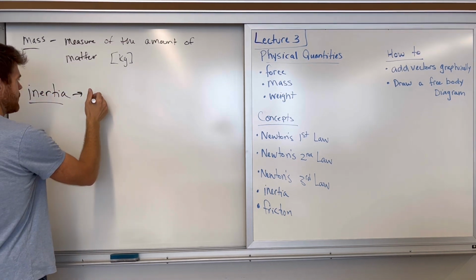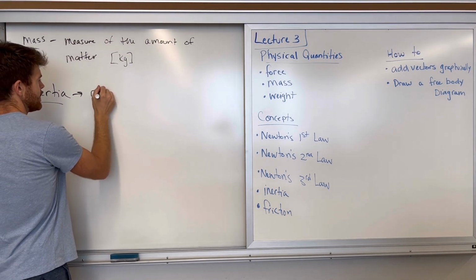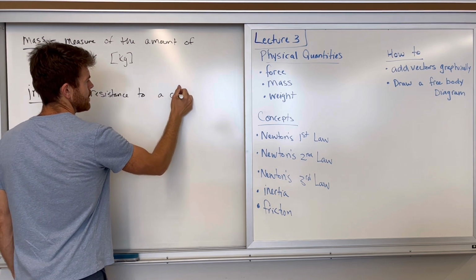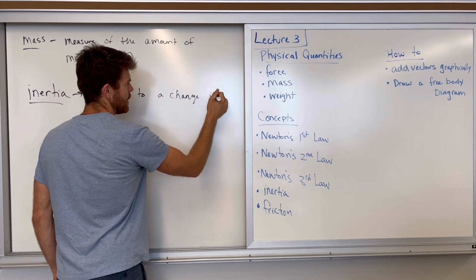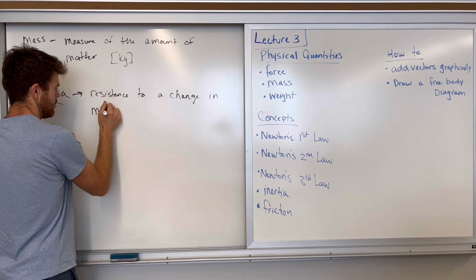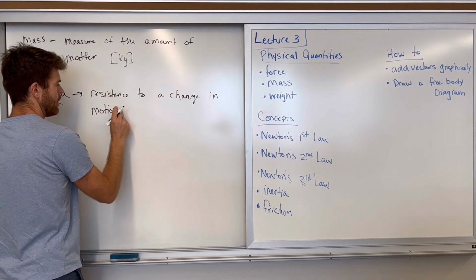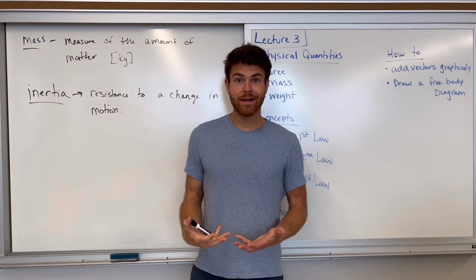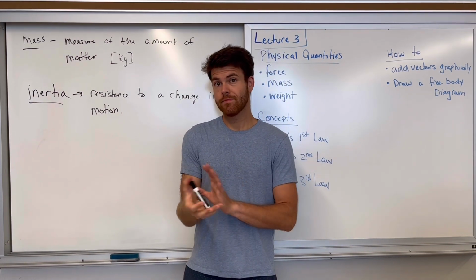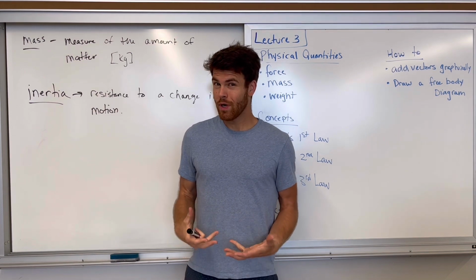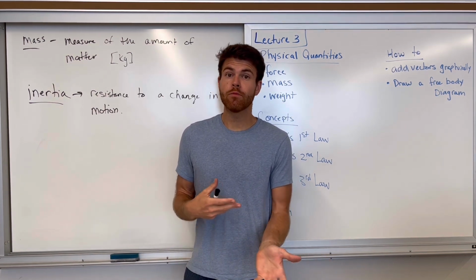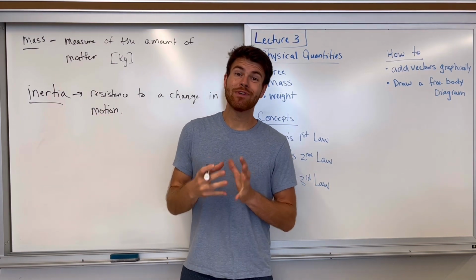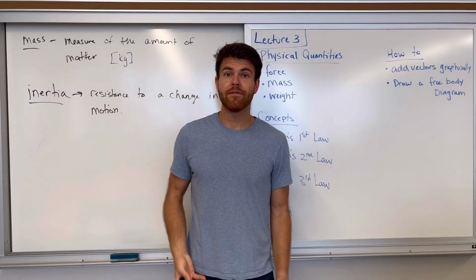Inertia is a resistance to a change in motion. In other words, if an object is at rest, it doesn't want to start moving. It doesn't spontaneously start moving. Why? Because it has inertia. Inertia is that resistance to start moving if it's at rest.